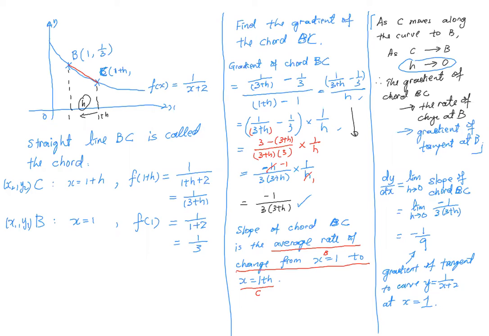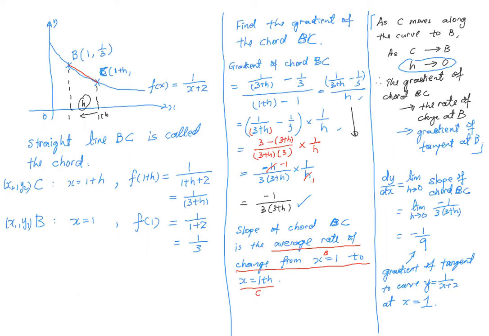So now, this is how we get the gradient at a certain point of the graph using first principle. When you talk about first principle, you can go by formula or you can go by this one.